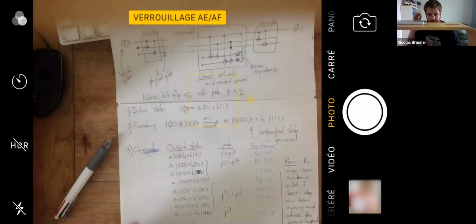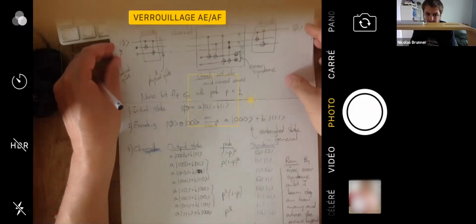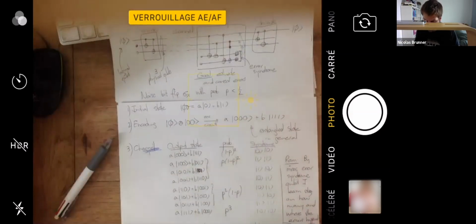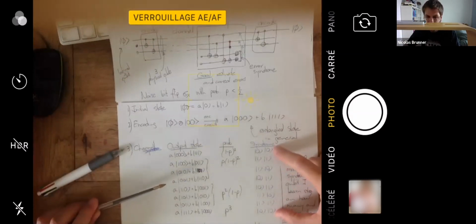Okay, so importantly, I don't know for sure what happened, right? This I cannot do. But I know something, right? So remember, if I see a syndrome of 0, 0, I know it was one of these two.